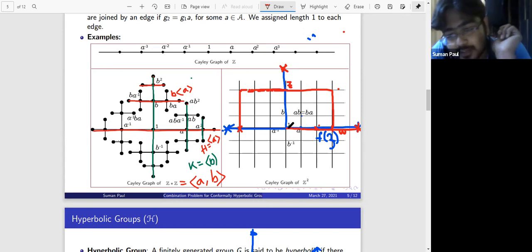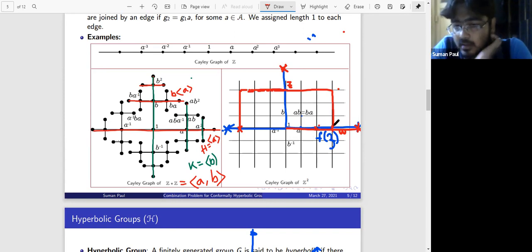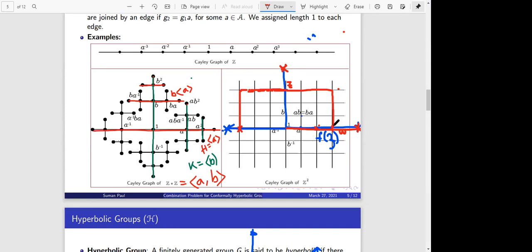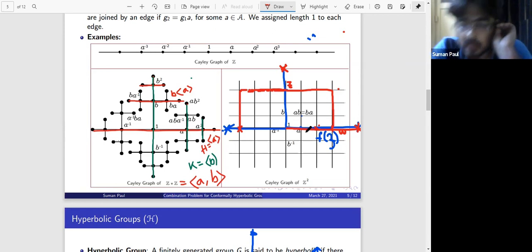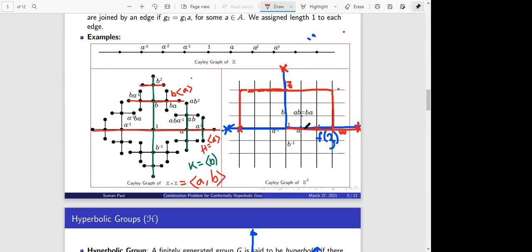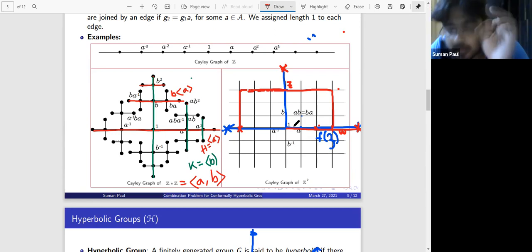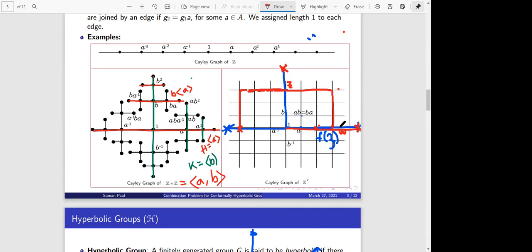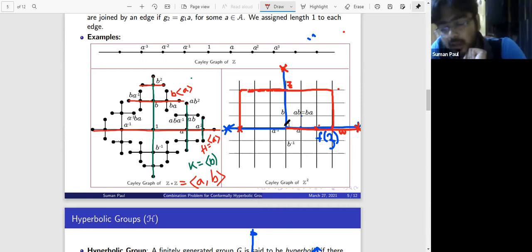If I take this sequence 1, a, a squared, a cube, so in the Cauchy completion, what do we take? All the Cauchy sequences, right? That forms a Cauchy sequence, so take the equivalence class. Yes, fine. So can you show that this is Cauchy? Yeah, that's fine, I think. That's why I have said that this geodesic ray corresponds to that point.